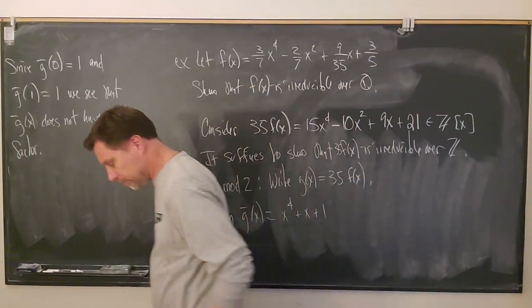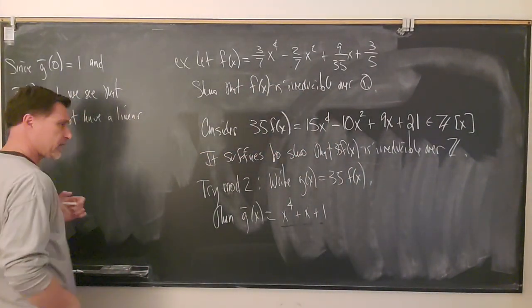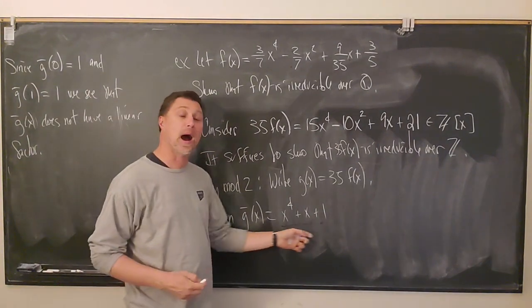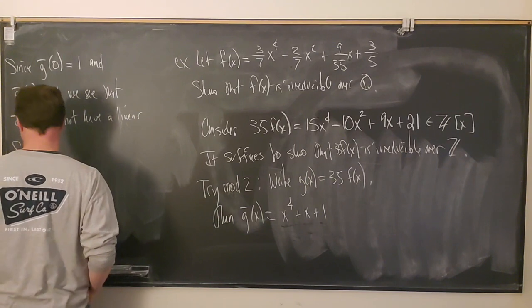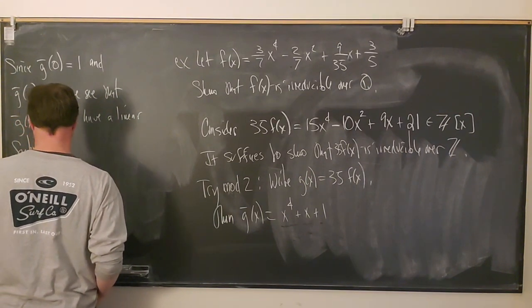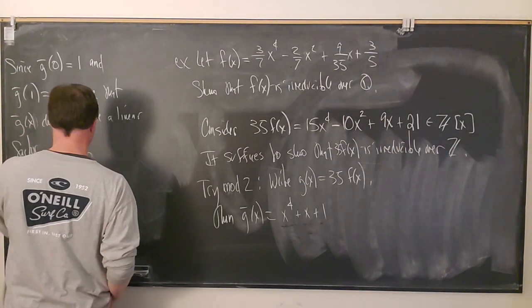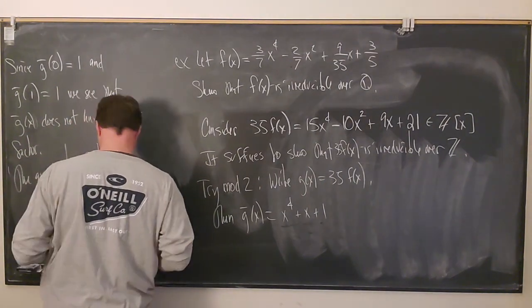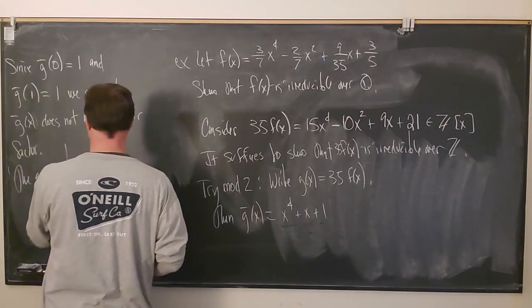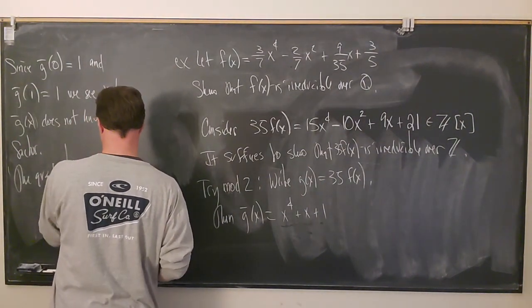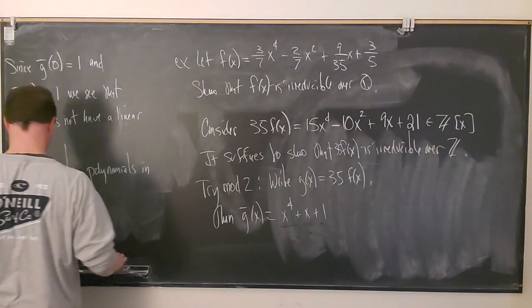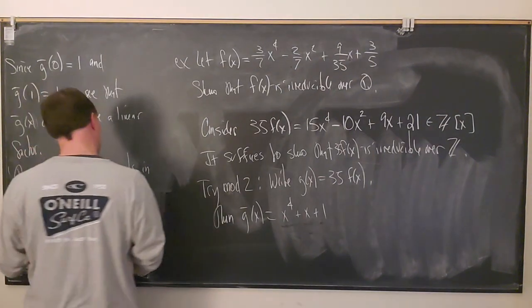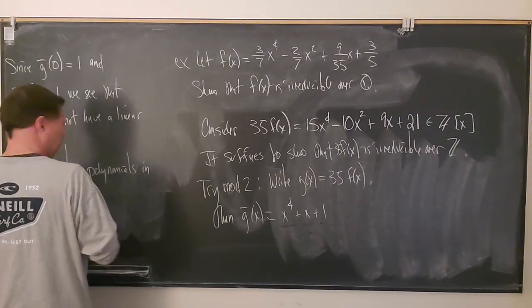Okay, so let's see. What we need to do is identify the possible quadratic factors. So the quadratic factors are quadratic polynomials. And I should say the monic quadratic polynomials. Oh, no, I guess it doesn't matter in this case.